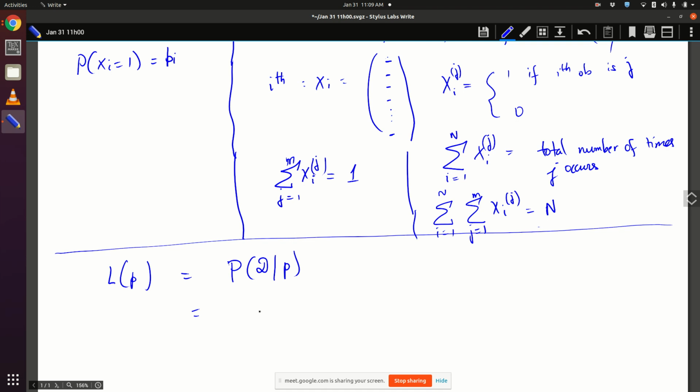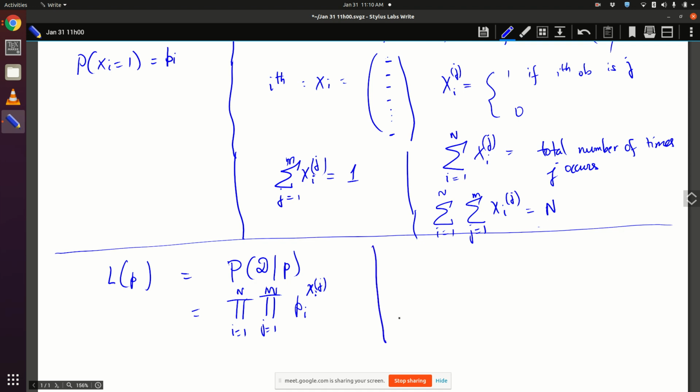So this we said is the product over all i equal to 1 to capital N, j equal to 1 to capital M, of pi to the power of x_ij.